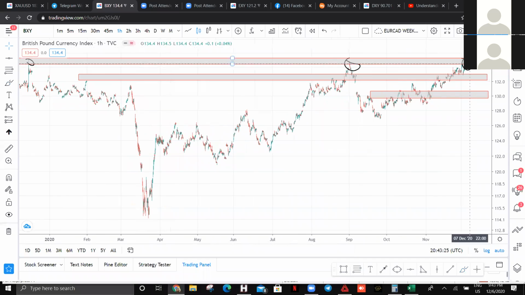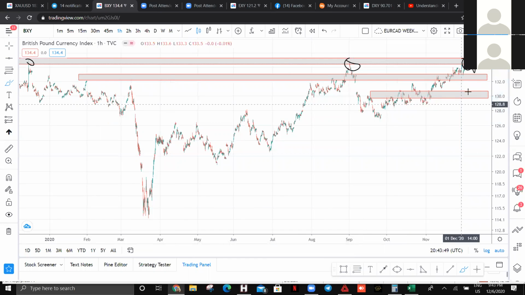It's either going to come down this way on this zone here, reject it and go up, or break out of the zone. It's either going to go like this or like this, or a combination of coming down this way like this. So this is what I'm expecting to happen.